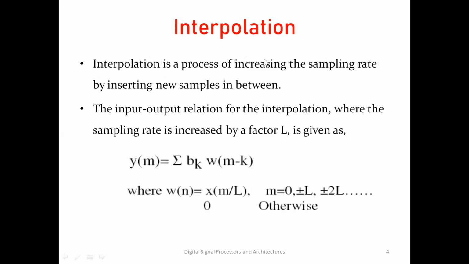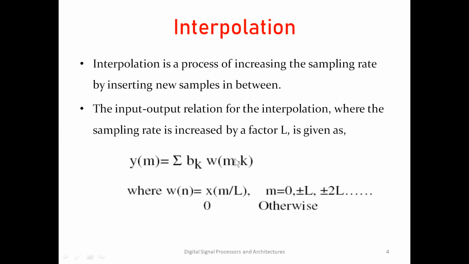Next is the process called interpolation, which is the process of increasing the sampling rate. How can we increase the sampling rate? By inserting new samples in between, by considering the neighboring sample values.